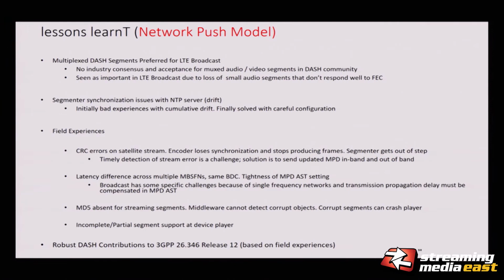Some other experiences we have seen is that on the satellites, sometimes we have this problem of getting out of synchronization between the encoder and the segmenter, and so we need to have a better way to update the MPDs, and we believe doing an in-band MPD distribution would solve that.